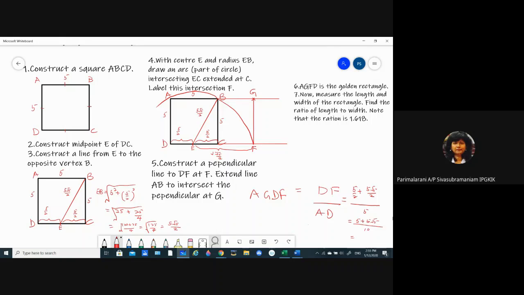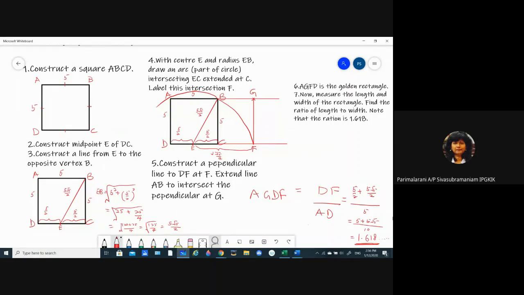Again, check again. You do the top first and then divide by 10. Okay. So 1.618. Yes, 1.618 and so on. Okay, so this we know is the golden ratio.